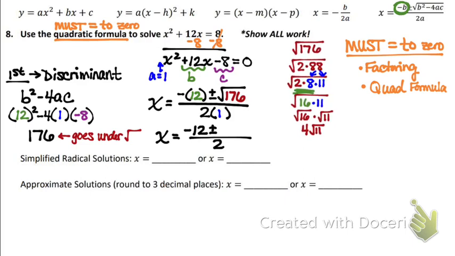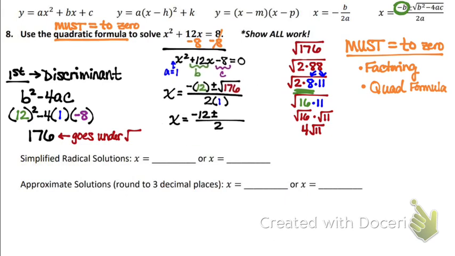All right. Let me scrunch this all together a little bit so that I have just a little bit more room. So I have 4 square root of 11 here.